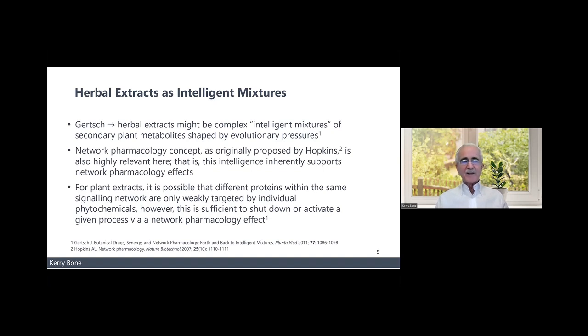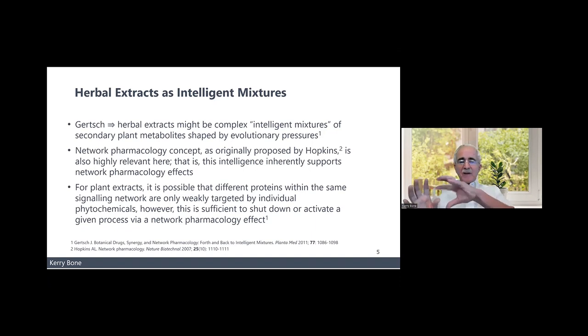So if we're using a plant extract or a herbal extract, different proteins within the same signaling network in the human body are only weakly targeted, because most of the plant secondary metabolites, unless it's a poisonous plant, are inherently pharmacologically mild. So there's only weak targeting of individual protein targets within some sort of pharmacological network.